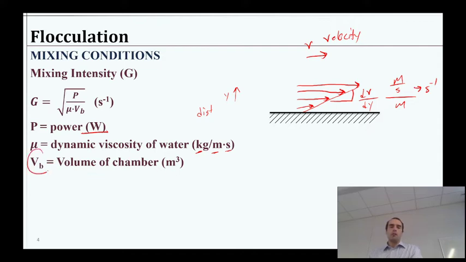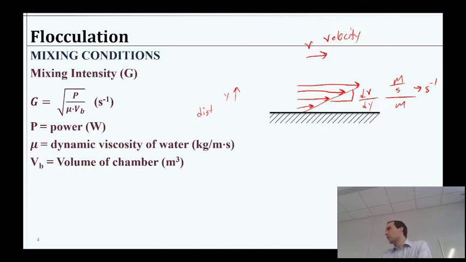There are several volumes around, especially if we go from like the flocculation and then think about the velocity for sedimentation, because there are two related topics here. So just keep these in mind that this is VB, that's the volume of the chamber, and that'll be in cubic meters as well. So those are the parameters for our mixing intensity.